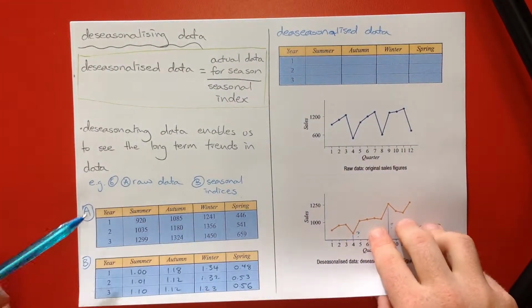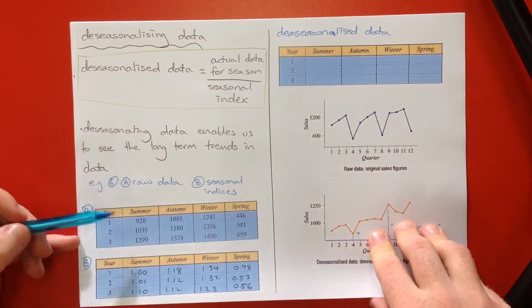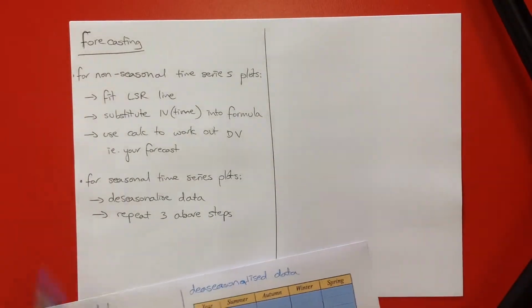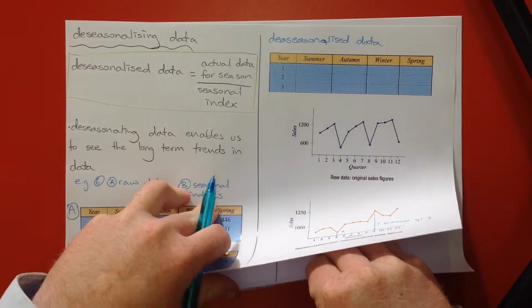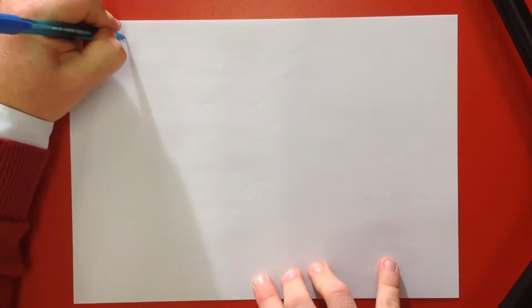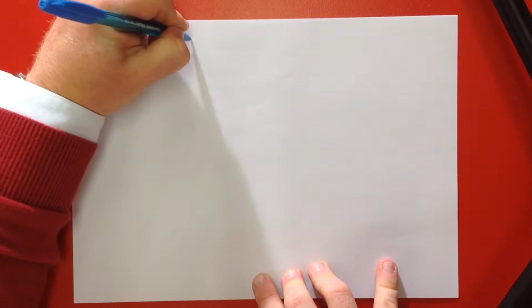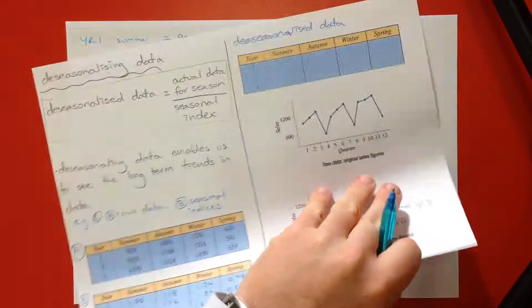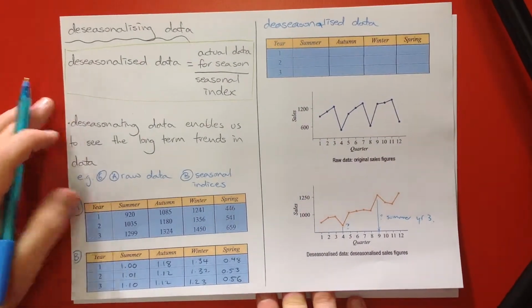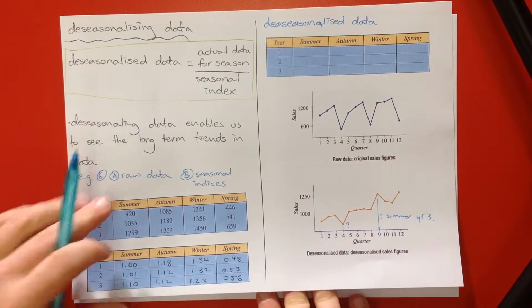Basically what we need to do is take the actual data for the season divided by the seasonal index. So let's do that. Year 1 summer equals the actual data, so that was 920. You can see that over here. 920 was my actual data, divided by my seasonal index which was 1.00.